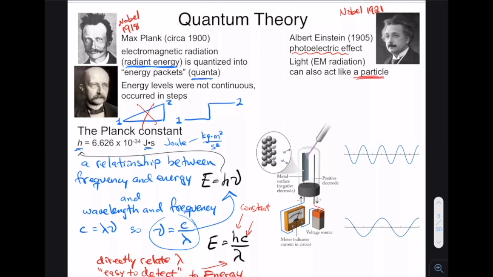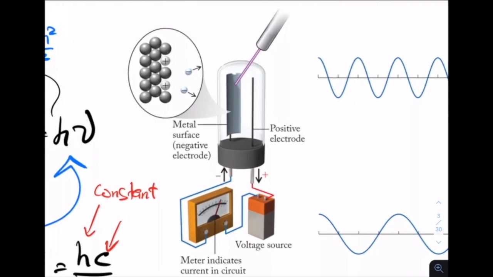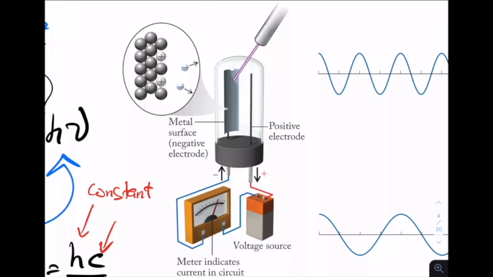The setup for the photoelectric effect looks something like this. You have a vacuum tube, and you have a metal surface, and there's a gap between the metal surface and the positive electrode. Normally you would not be able to read any kind of current going through this circuit, because there's a space between the metal plate, which is the negative electrode, and the positive electrode.